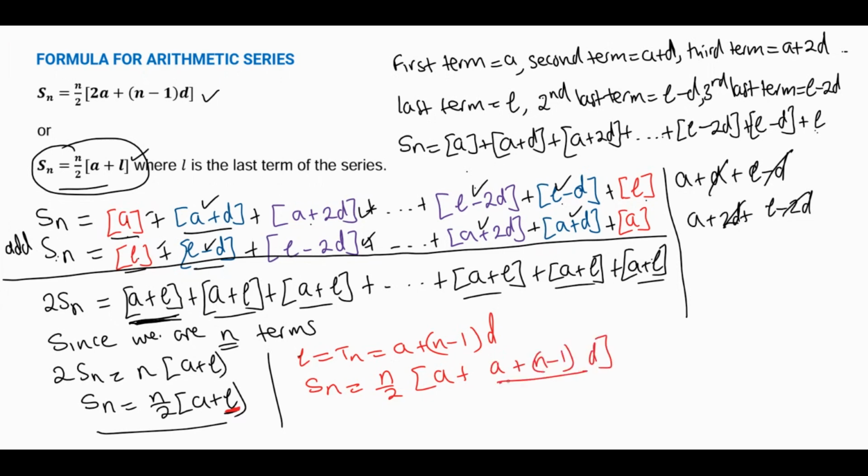This has replaced l, okay? a plus a is 2a. So we have Sn is equal to n over 2 times (2a plus (n minus 1)d). Done. We have managed to derive these two.